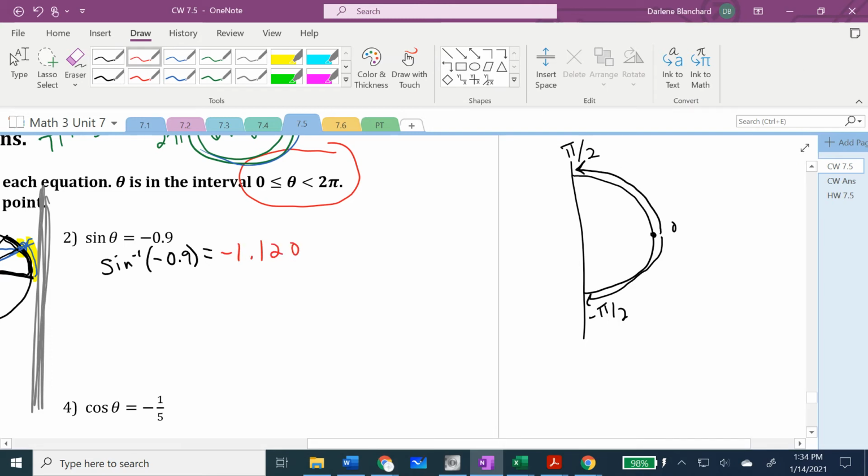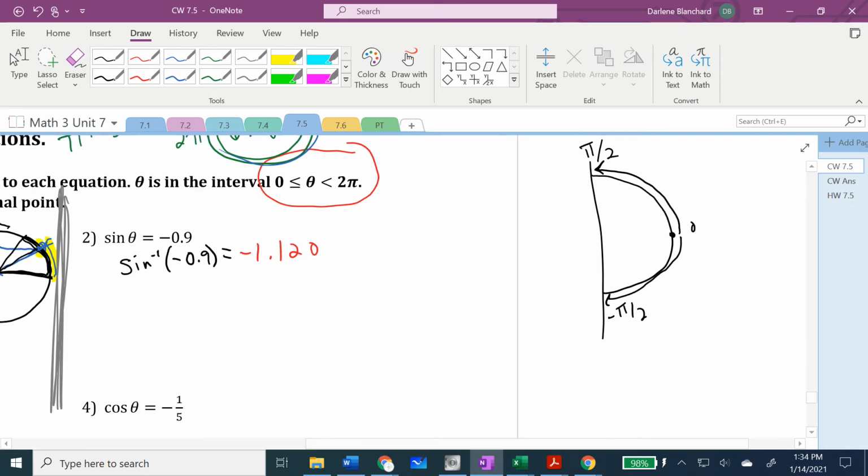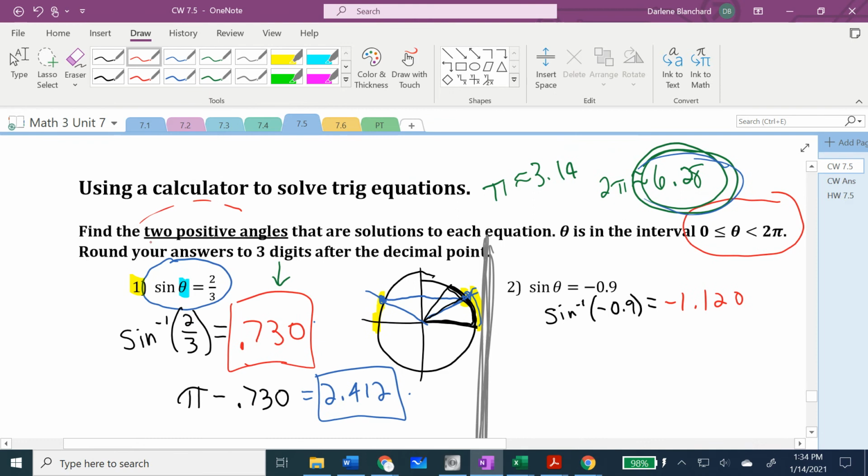Is that a positive angle? It's not. That means it's not one of my 2 positive angles.